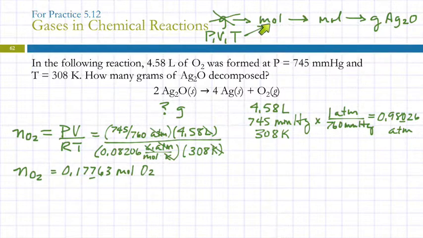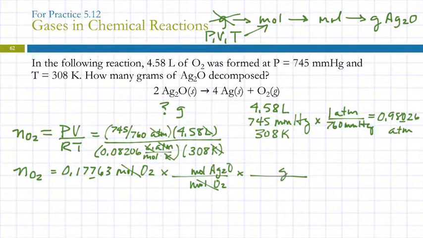So now I've gotten to this point. I got moles of oxygen, so I'm going to convert to moles of Ag2O. And I'm going to divide by moles of oxygen to do that. And then I'm going to multiply by grams of Ag2O and divide by moles of Ag2O.